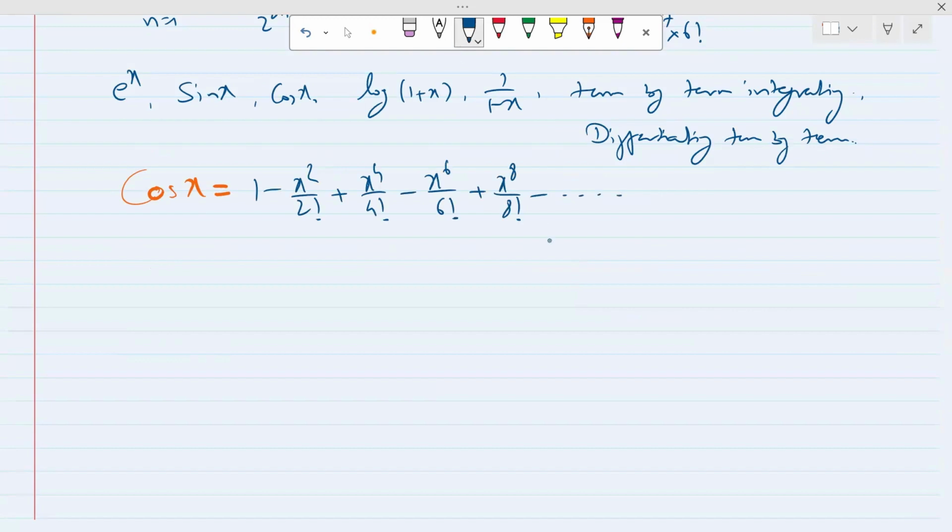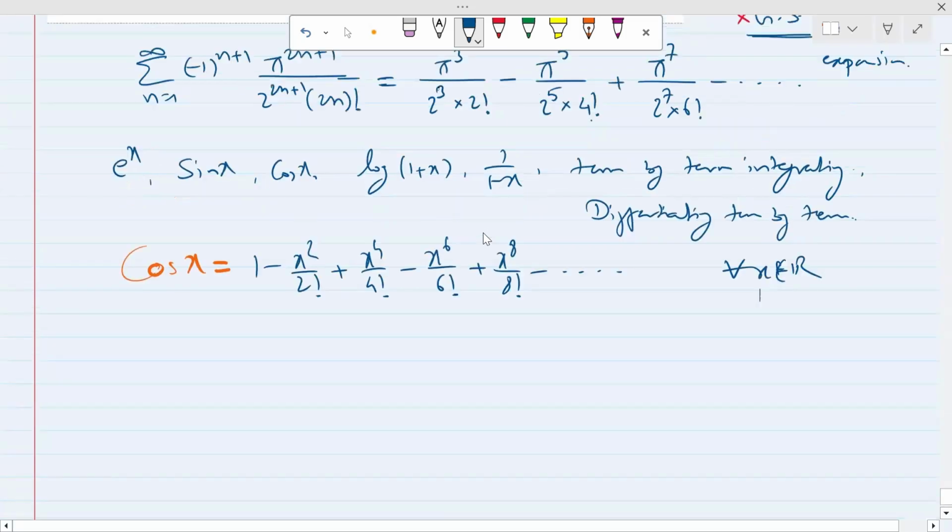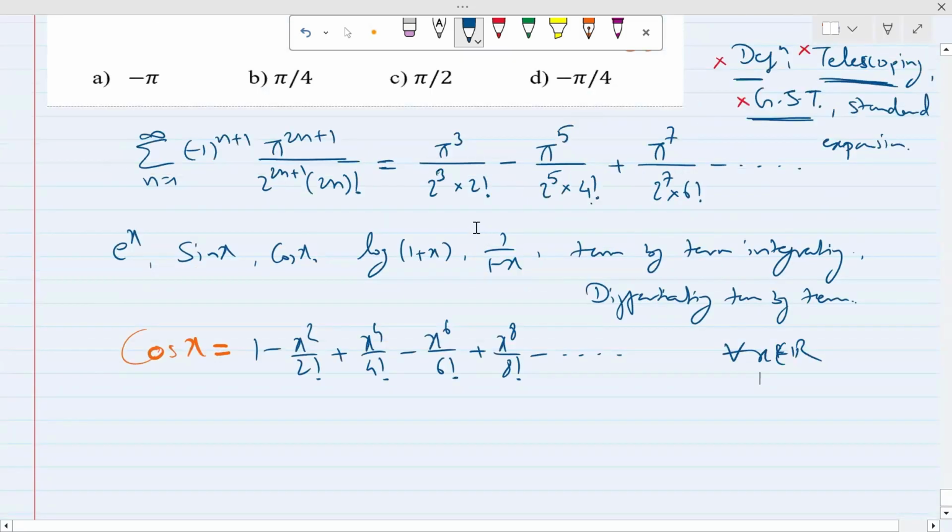And this is true for all x in R. It has a radius of convergence infinity. So now how will I generate this out of this? I got 2n factorial.